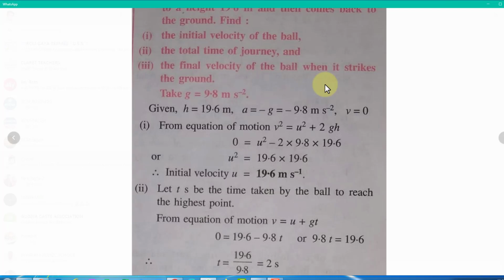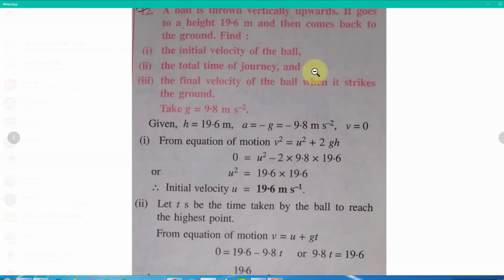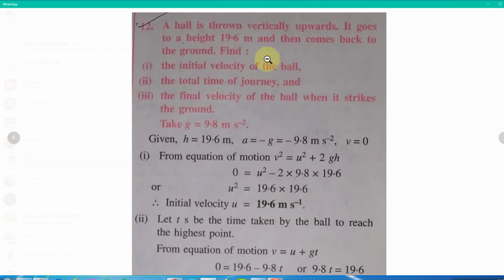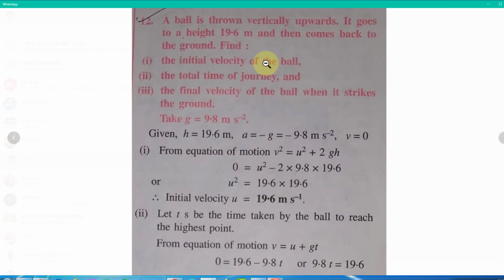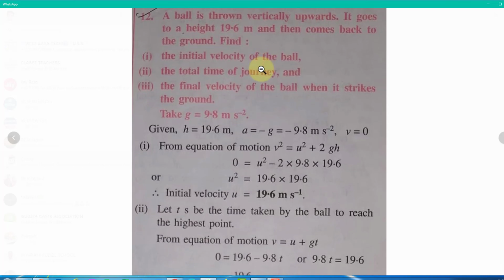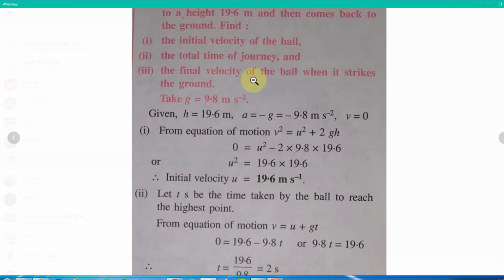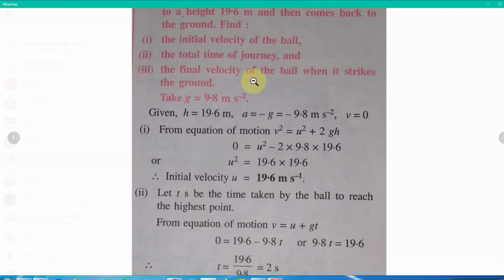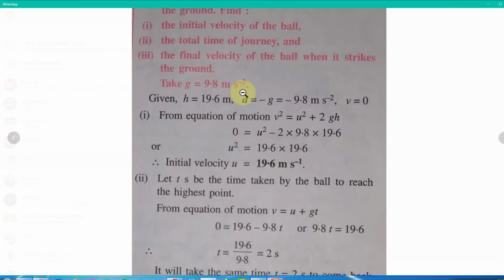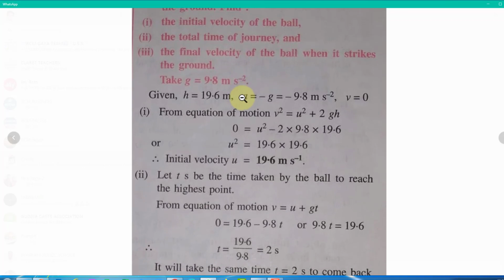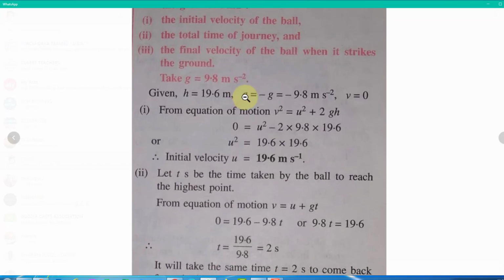Okay, so here, up to what height did the ball go? 19.6 meter. You have to find initial velocity of the ball. Then total time of journey and final velocity of the ball when it strikes the ground. Initial velocity means with what velocity you threw the body upwards.